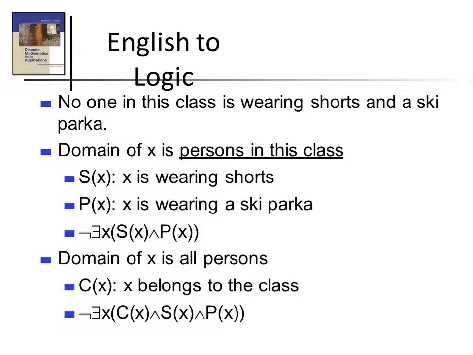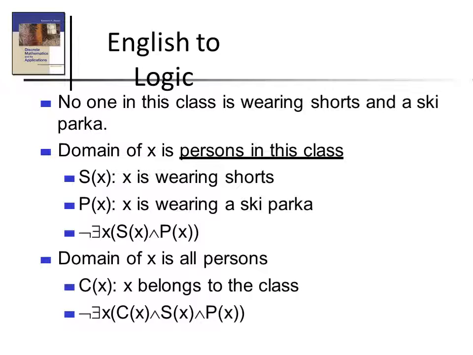This will be a negative statement, that is negation. We cannot use for all. Anyone does not exist; from this itself we can know there does not exist anyone. So, negation of there exists x, S of x and P of x.